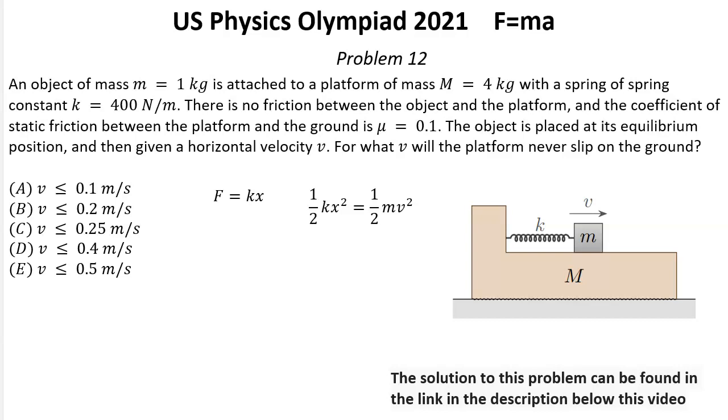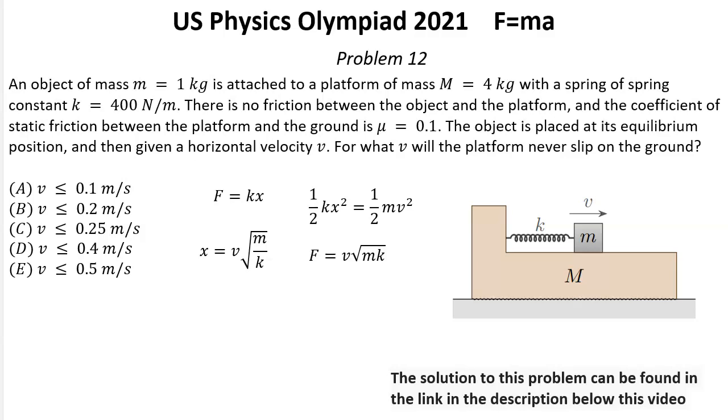So we have 1/2 kx squared equal 1/2 mv squared. From here we can find what is x. That will be v multiplied by the square root of m over k, and the force acting from the spring on the platform equals v multiplied by the square root of mk.